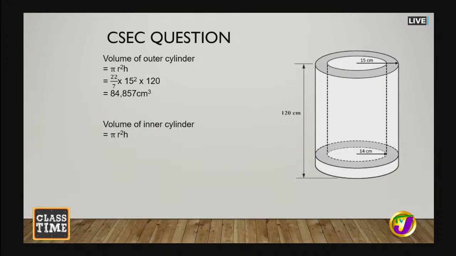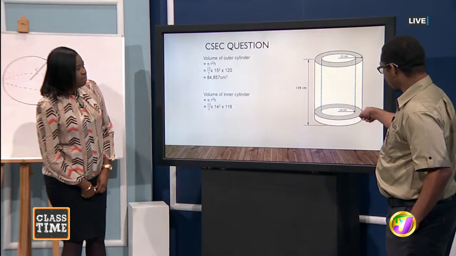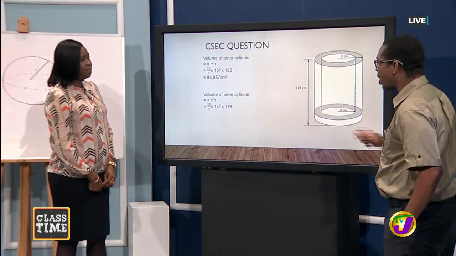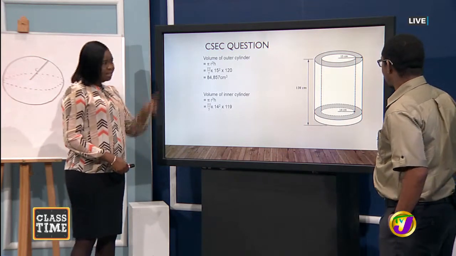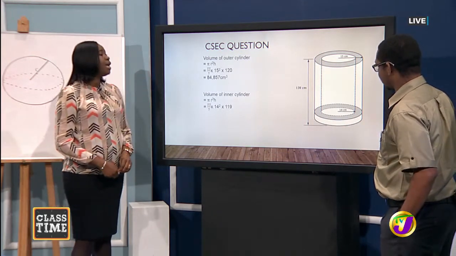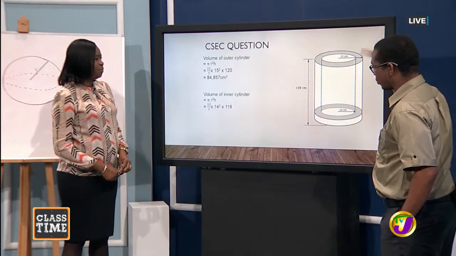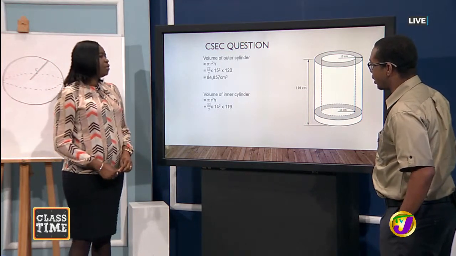They had mentioned that it had a uniform thickness throughout, and we realized that the inner cylinder had a radius 1 centimeter less than the outer cylinder. So if it had a uniform cross-section throughout, the height would also have to be 1 centimeter less.